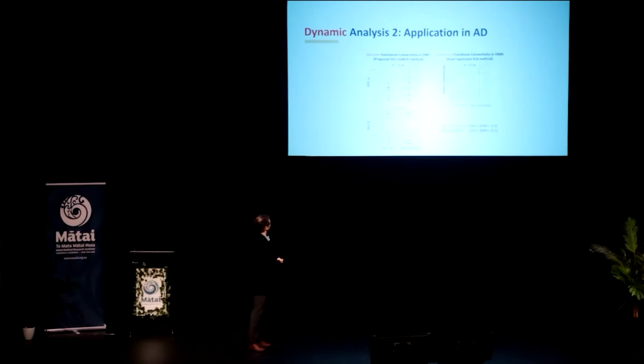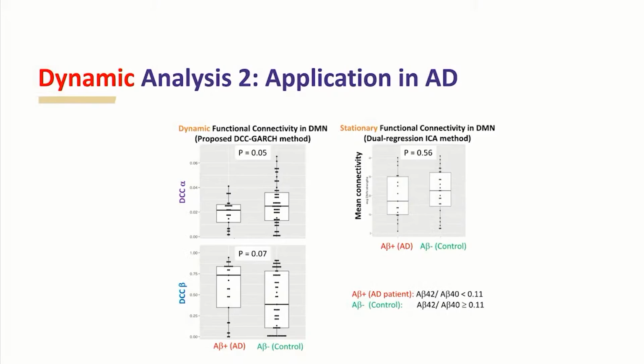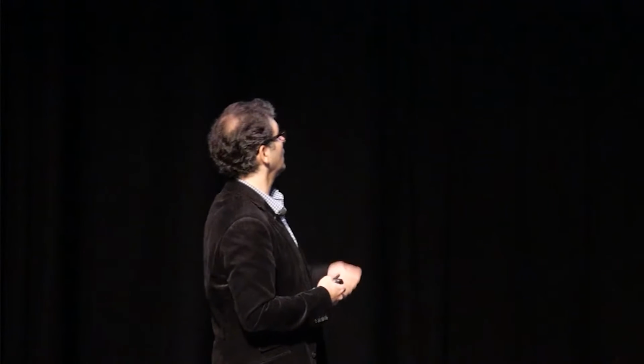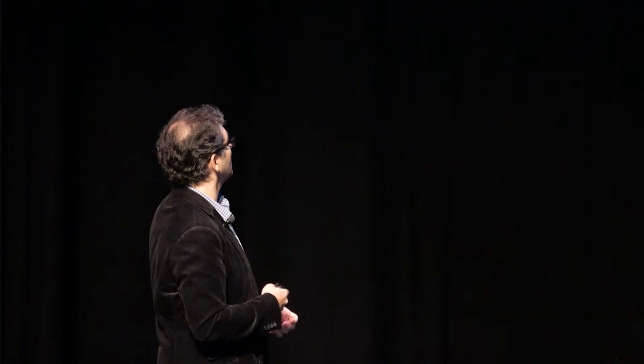We compared it with stationary traditional functional connectivity measures. With the stationary functional connectivity measures, we didn't see any significant difference between Alzheimer's disease and control subjects, but with the dynamic DCC-GARCH models, we were able to see a significant difference between them.